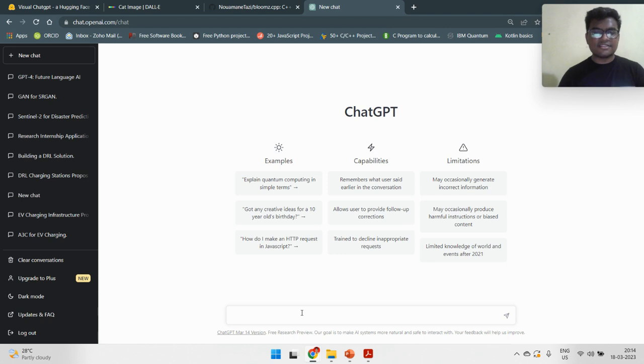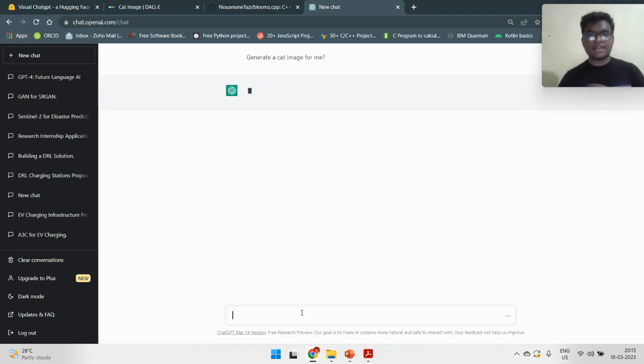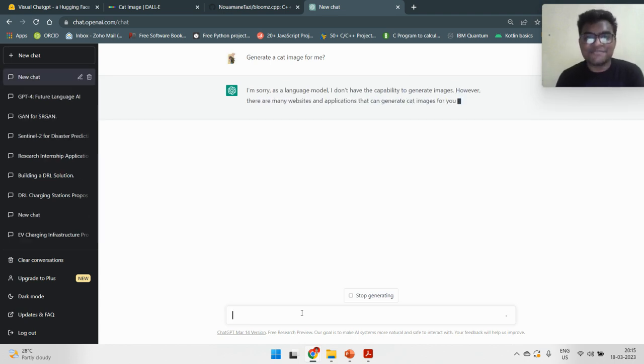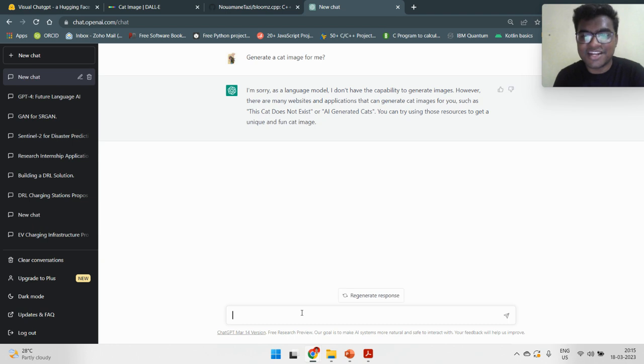So let's ask: generate a cat image for me. It replies: I'm sorry, as a language model, I don't have the capability to generate images. However, there are many websites and applications that can generate cat images for you, such as This Cat Does Not Exist or AI generated. So it is also suggesting many websites to create an image.